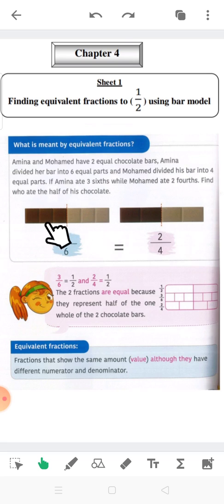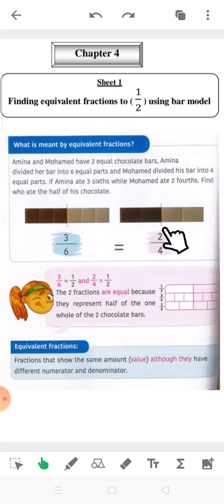Look here, I've got the same chocolate, but Amina only divided it into 6 equal parts and she ate 3. Means what? She ate half of it. And Muhammad divided this chocolate bar into 4 equal parts and took only 2.